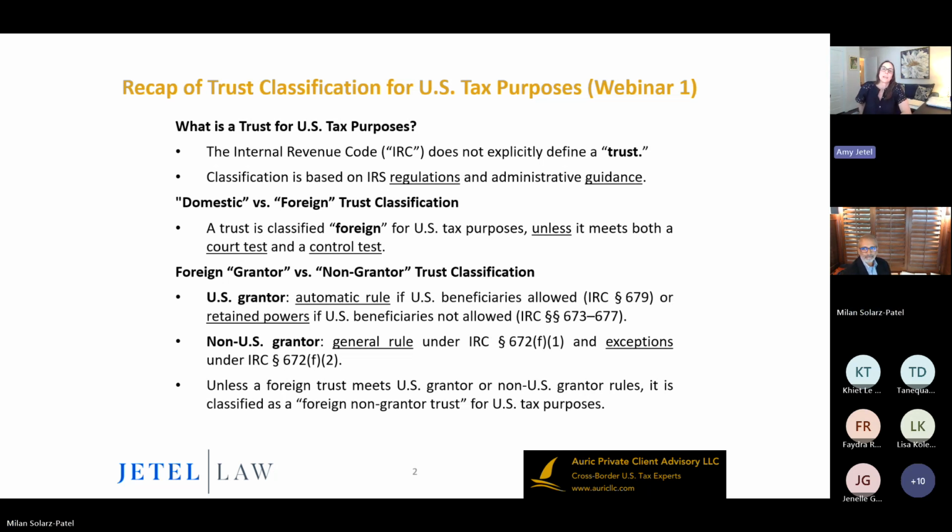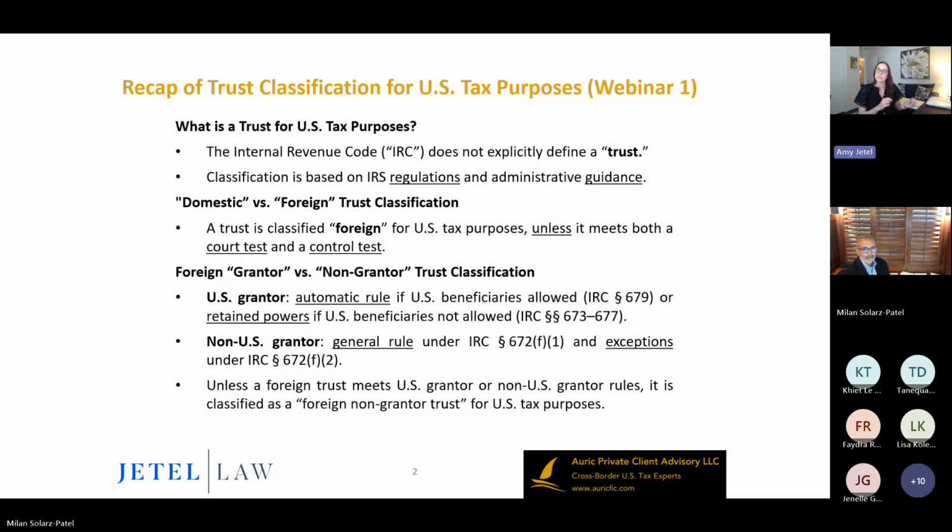All right, so we're just going to do a super fast recap of what webinar 1 was about, which was basically the decision tree. So first, you have to figure out, do you even have a trust? And then if you do have a trust, you figure out whether it's a domestic trust or a foreign trust.